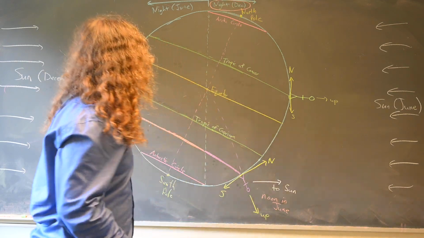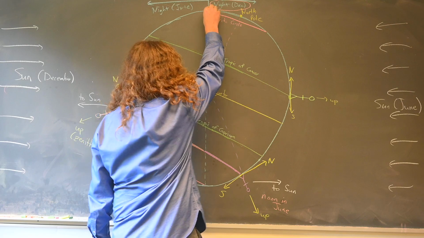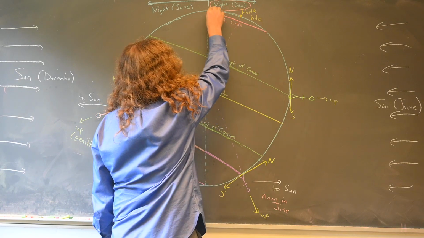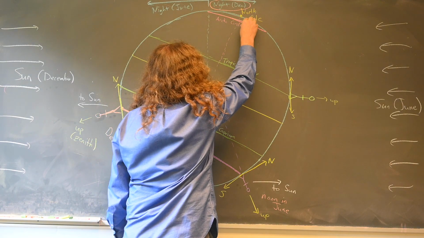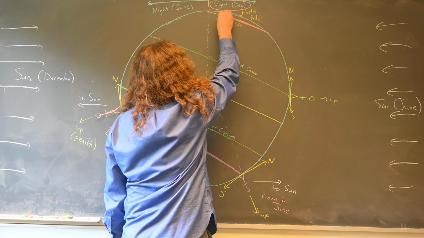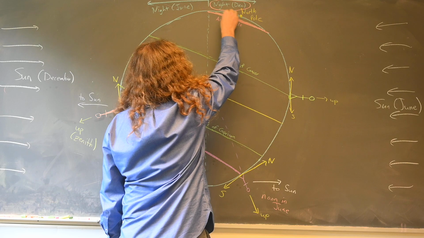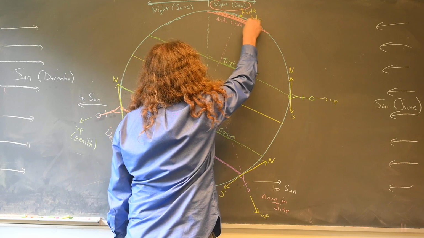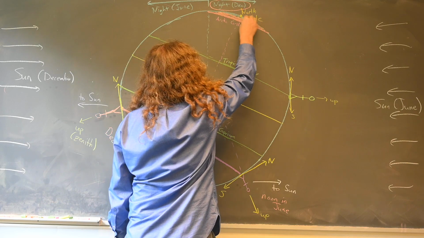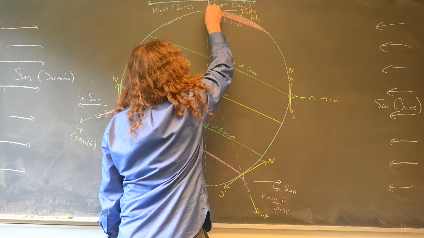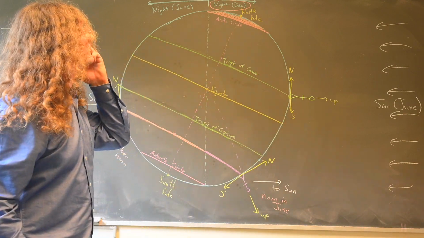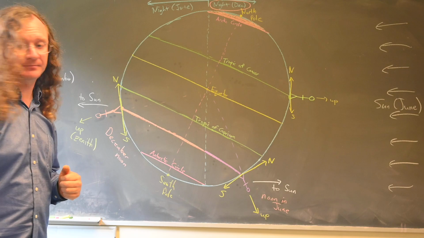Well, that's what is special about the Arctic Circle. If I am here, or if I'm above it, anywhere up here, I will never see the sunrise on the December solstice.